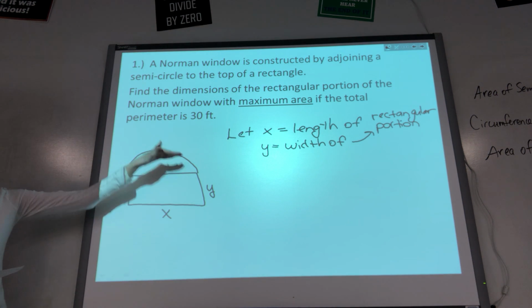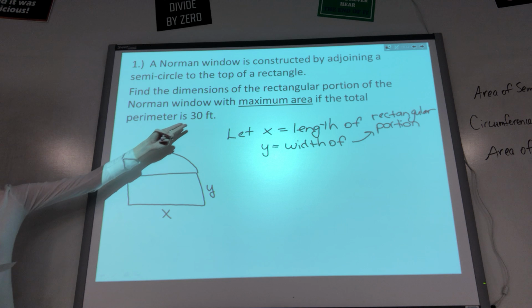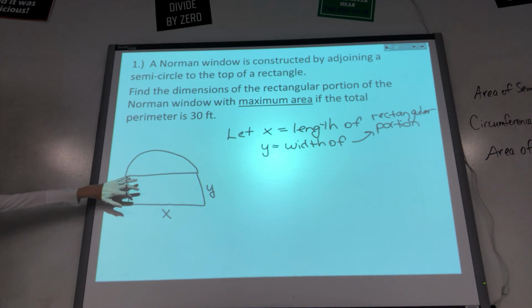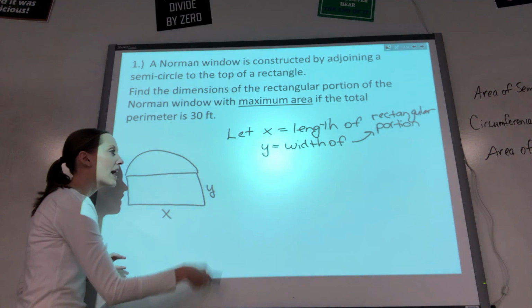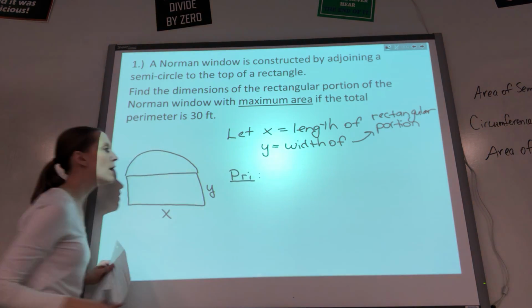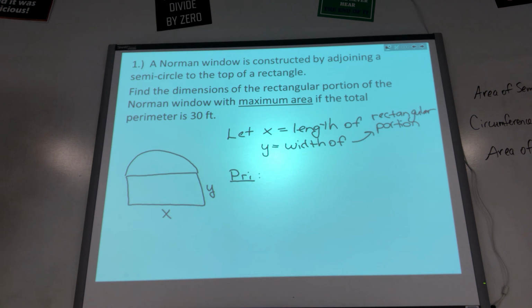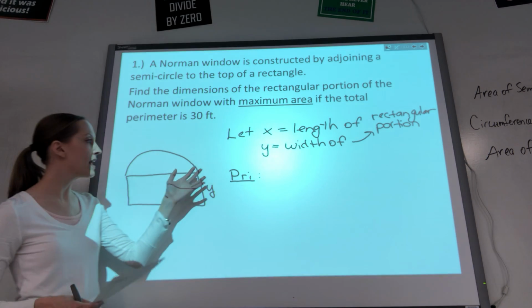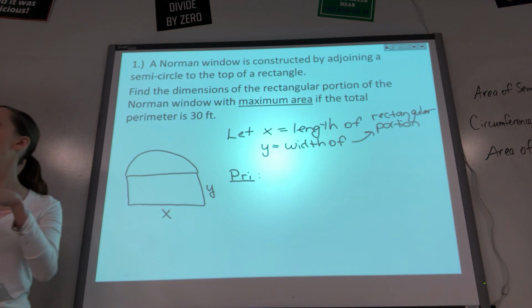The distance around that entire figure is 30 feet, not just the rectangle. Okay, so what I should probably do first is come up with my primary equation and my secondary. We are really just following the same steps that I gave you on Friday.